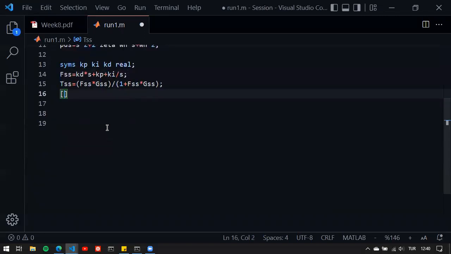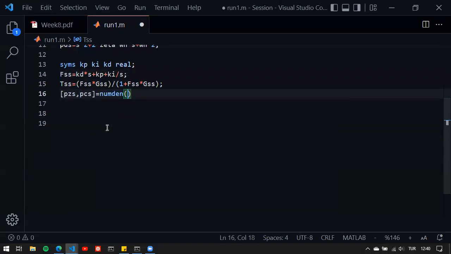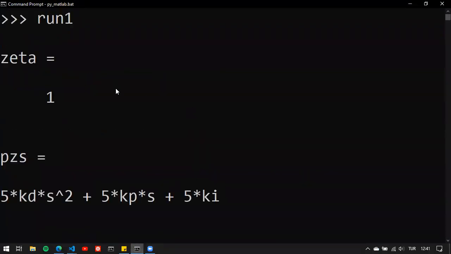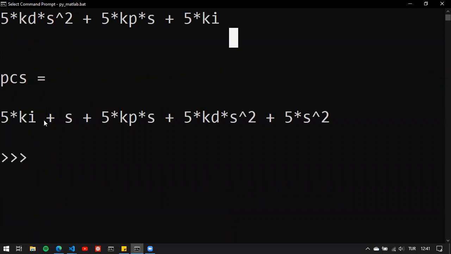Of course, we'll look at the numerator and denominator of our closed loop. So let's see. Now zeta is equal to 1, and the desired polynomial looks like this. We have a second order closed loop, therefore it will be fairly easy, hopefully.